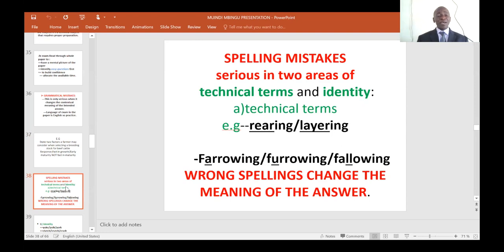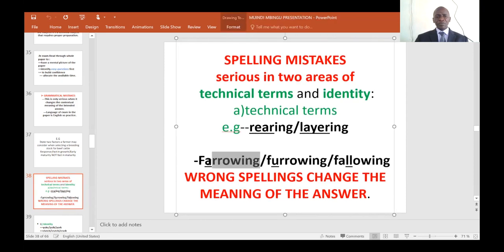Maybe you want to describe the act of giving birth by pigs. Do we say farrowing, the first spelling, or farrowing, the second spelling, or do we say following?